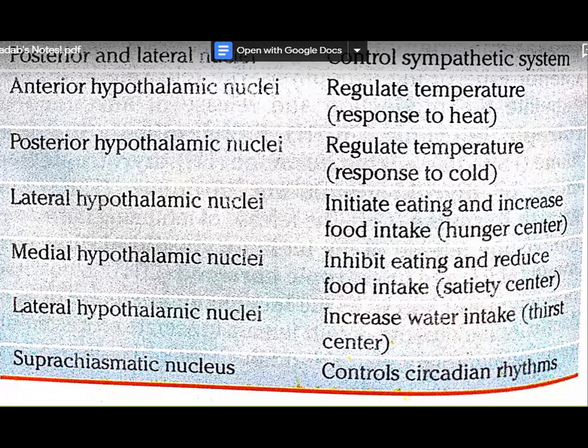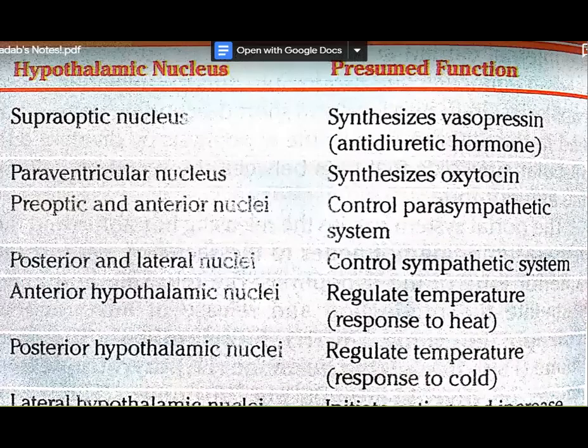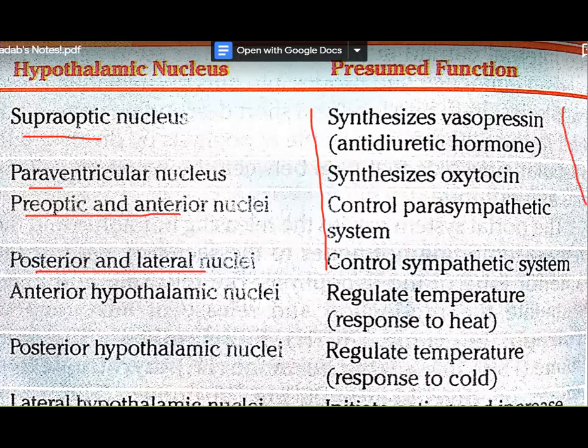And so we just finished the supraoptic, paraventricular, preoptic anterior nuclei, and posterior lateral nuclei. Okay, so you kind of missed this part because you're late. Okay, the next, you will get the recording at night probably, or I'll try to upload it in the evening if we get free early today.